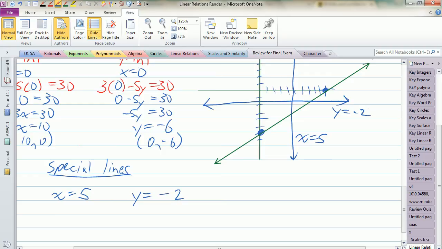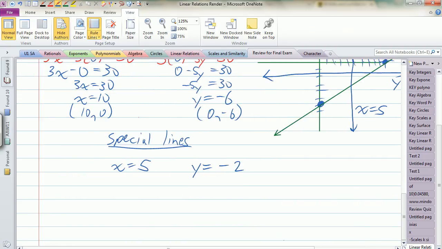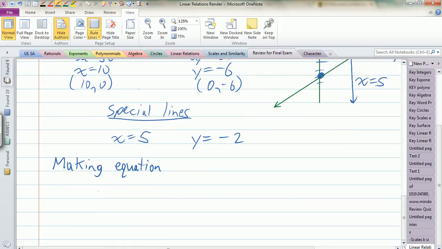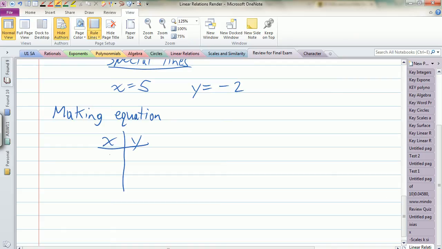The last thing would be making equations. Now we didn't really touch on this, but you can make your equation, you can wing it, you can figure out how to do it. If we have, say, a figure number, x, y, okay, so we're given these x and y values.